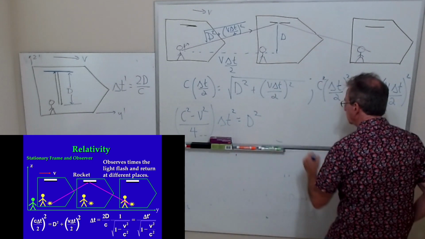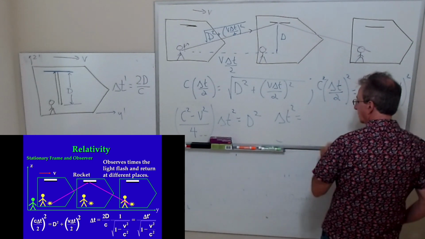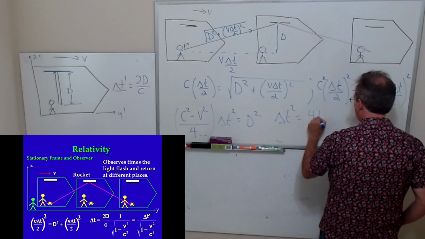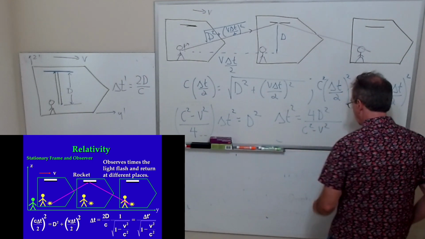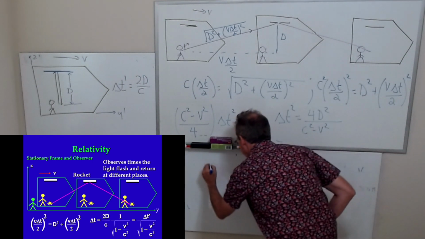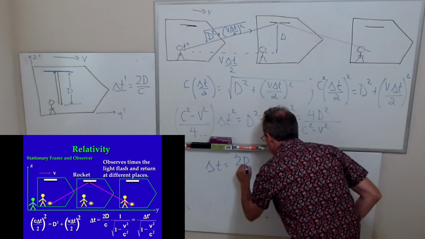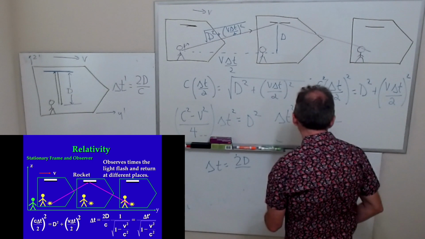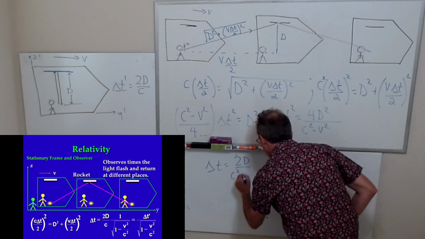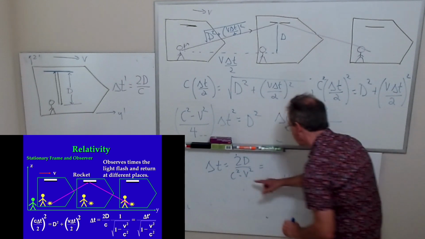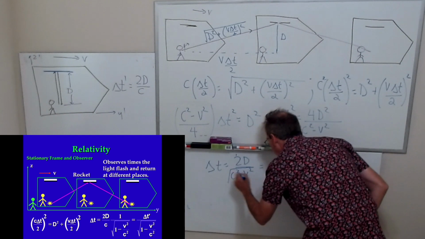And so delta t squared, so delta t, if I take the square root of both sides, let me factor out a c from here. Let me factor out a c.